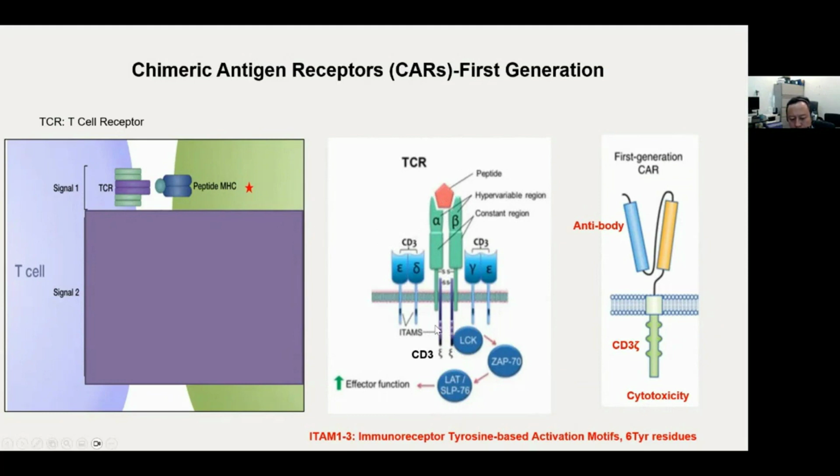So ITAM has 6 tyrosines. When activated, it needs to be phosphorylated by a kinase called LCK. So when bound, you somehow have to trigger the LCK to come here to do the phosphorylation, then it's activated.